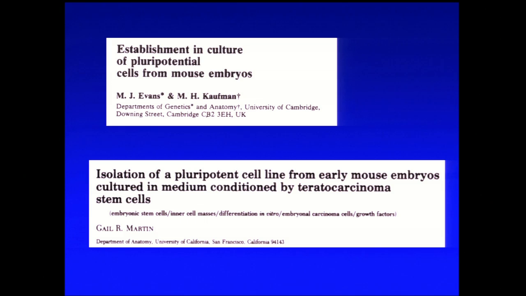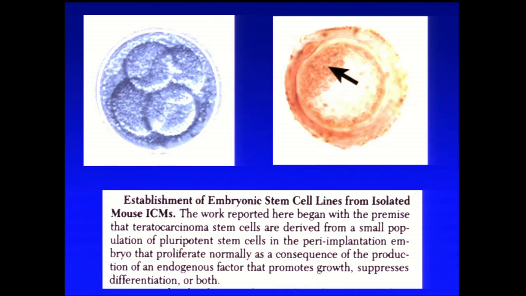And so at roughly the same time, these different investigators determined that they could go to the mouse embryo, a normal mouse embryo, not a tumor, and obtain pluripotential cells. And that's illustrated here. What they recognized is this is the developing embryo at the 8-odd cell stage.